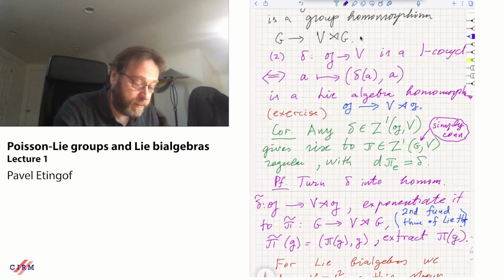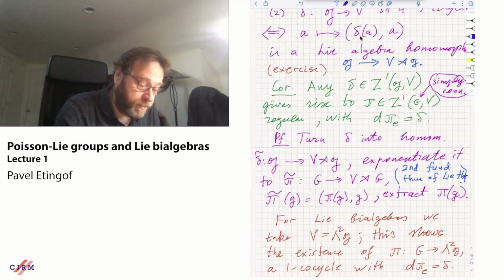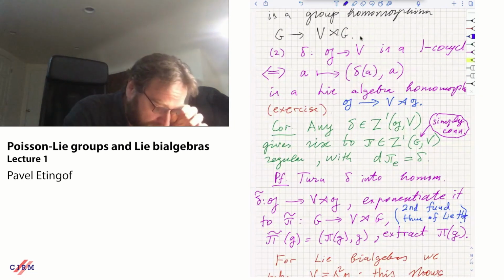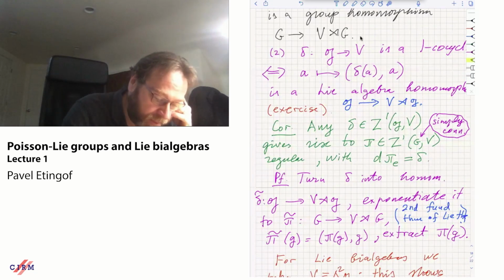Then we write it as (pi of G, G) and extract the first coordinate pi of G. And that first coordinate is a one cocycle.